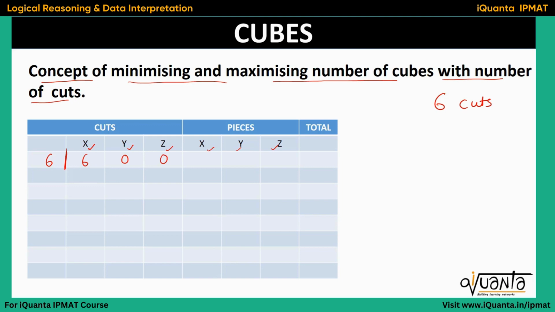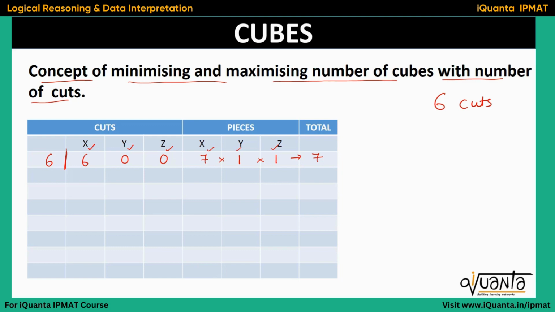If we have to make 6 cuts, and if we make all the cuts along the x-axis and no cuts along the remaining axes, then the number of pieces obtained will be 7 pieces along the x-axis, 1 piece along the y-axis and 1 piece along the z-axis. So the total number of pieces would be 7 into 1 into 1, which is 7 pieces.